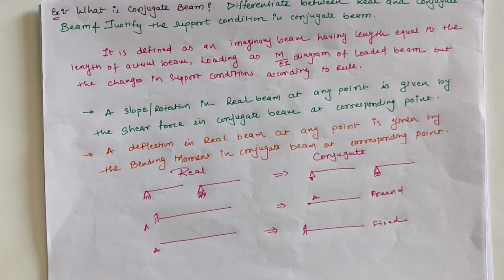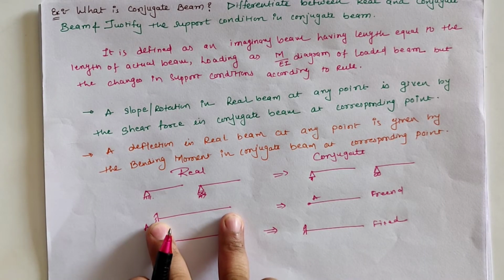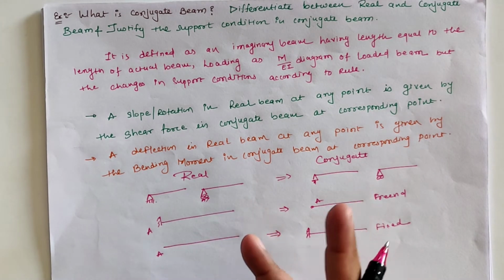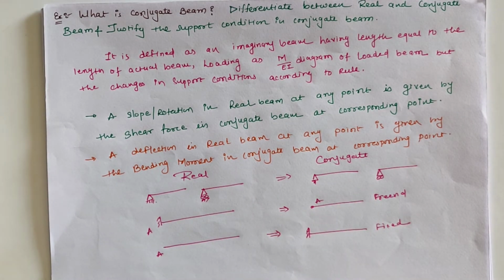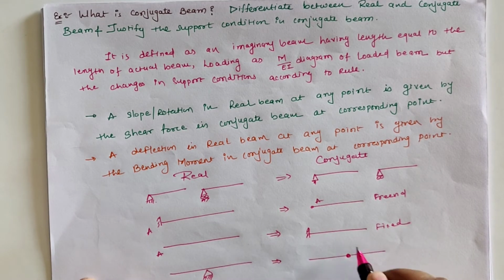So in the simplest view, if we have a cantilever beam, then if we take the mirror image of the cantilever beam, it is converted into the conjugate beam. And another point is that any internal support of the real beam must be converted into an internal hinge.